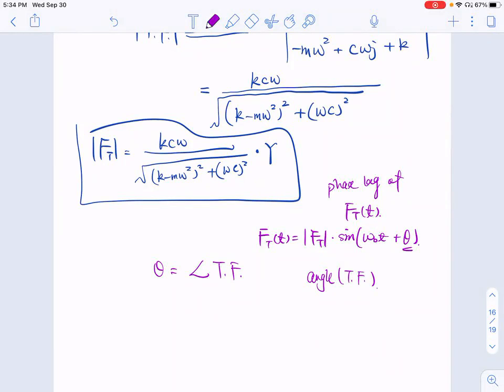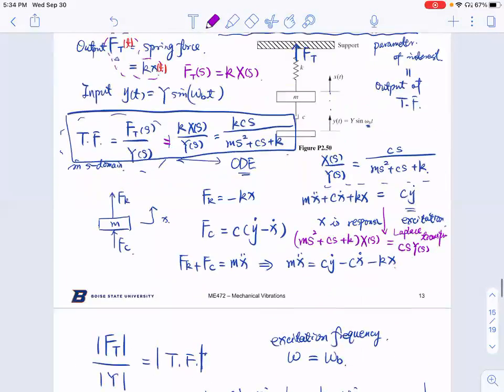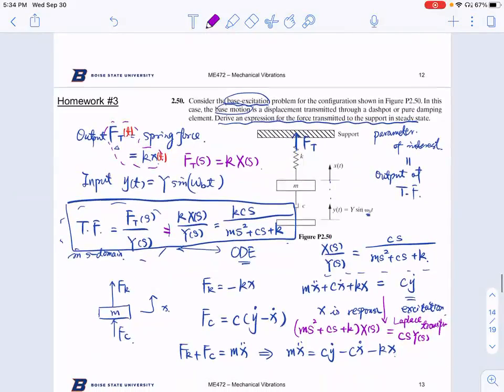Wait, so for a system that we start from scratch, we obviously want to know the input, output, and then you want to know the response of the system in question. Like in the last example, it was the mass, and we were trying to figure out the steady state response of the mass. Are you talking about homework 3? Yeah.